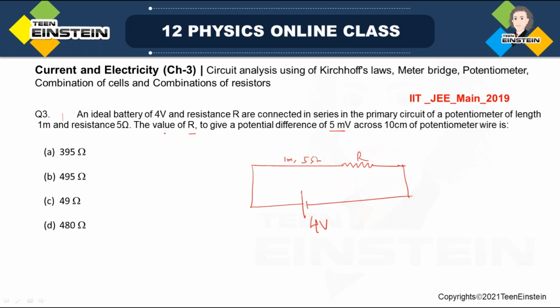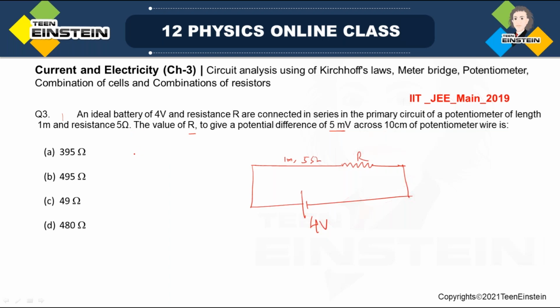Okay, we are given a potential difference across a potentiometer wire, and we need to find the value of capital R. Here it is given that the potential difference of 5 millivolt is across 10 centimeter length of a potentiometer wire.